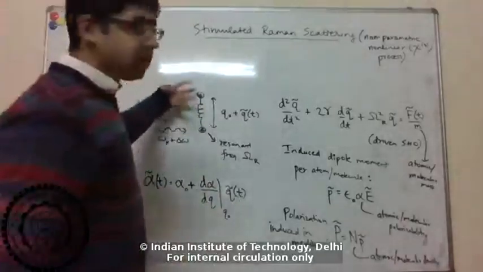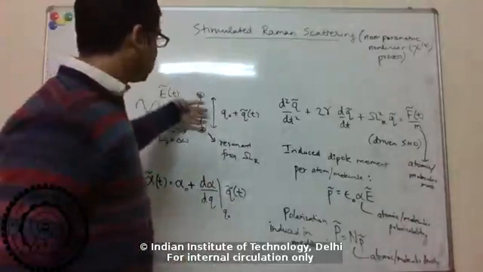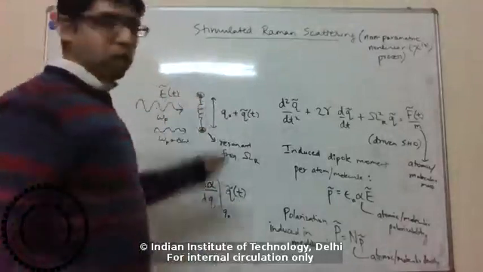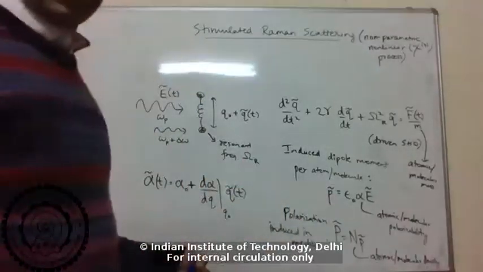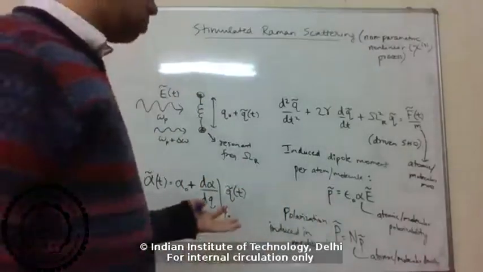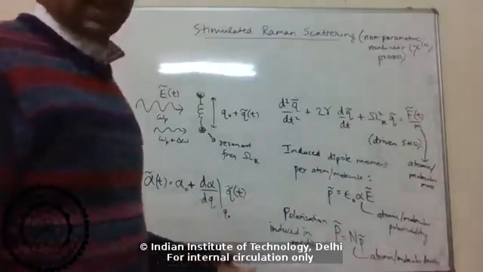So we have an electromagnetic field here, and we have an oscillating dipole. If you have an oscillating dipole in an electric field, that's a system which has some energy.